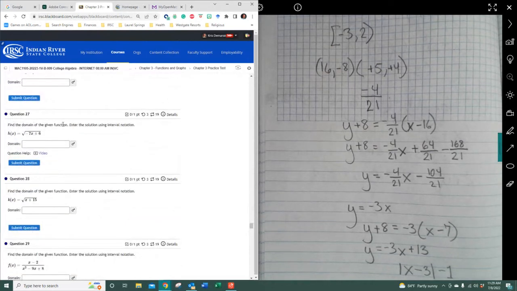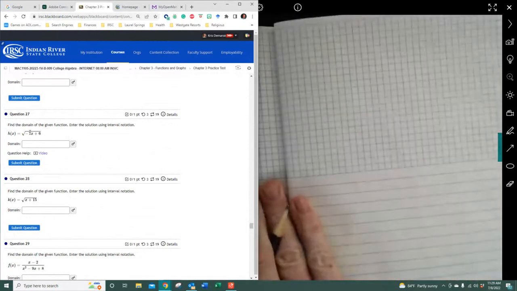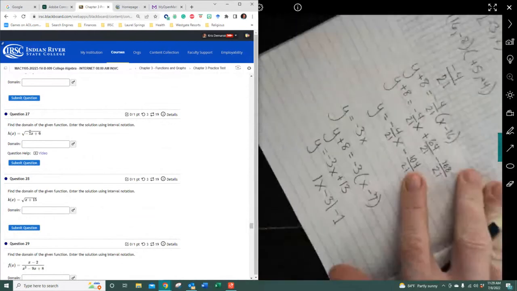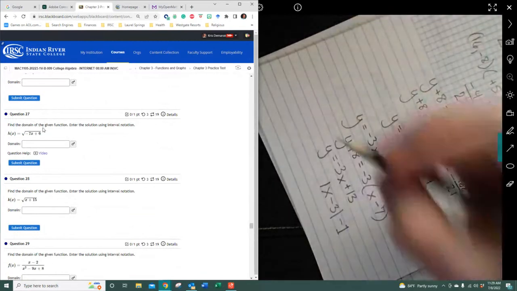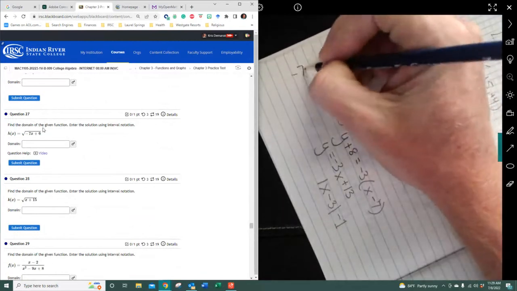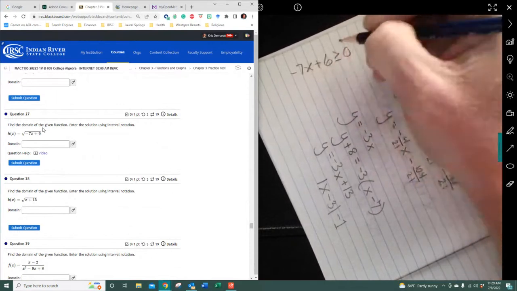It says find the domain of the given function. Now remember that for these kinds of functions, let me go ahead and use some more of this paper here. All you've got to do is take the contents of the radical and set that greater than or equal to 0.